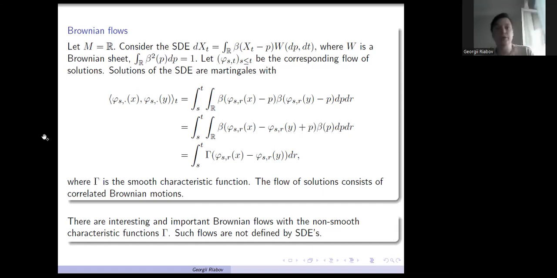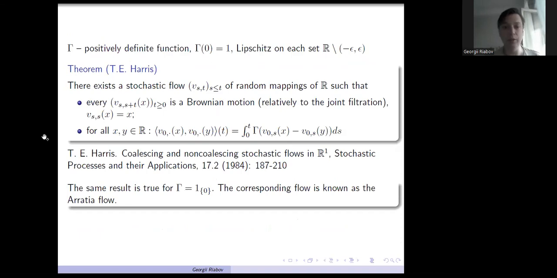So the first general result about the existence of non-smooth Brownian flows was obtained by Harris, who proved that if we have a characteristic function which is Lipschitz outside every neighborhood of 0, then one can construct a stochastic flow that consists of Brownian motions.